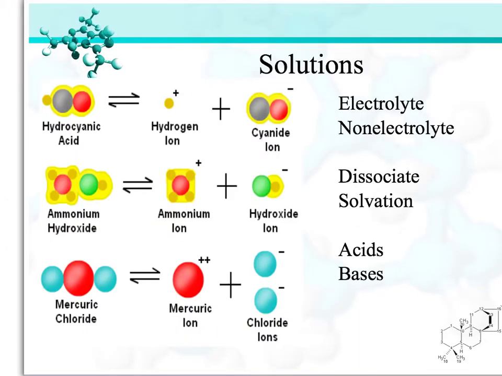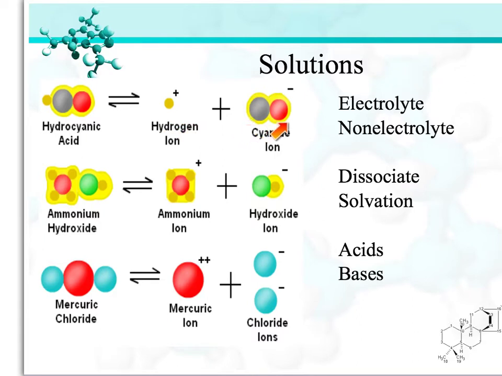And some more definitions. An electrolyte is a substance whose aqueous solution contains ions, right? So here we have the electrolyte, that's the word, and here's the non-electrolyte. Next to that we have an acid, which breaks down into a hydrogen ion and a cyanide ion.